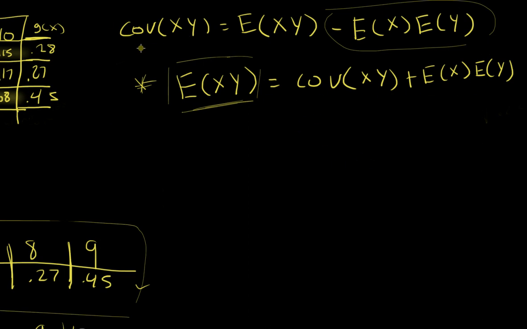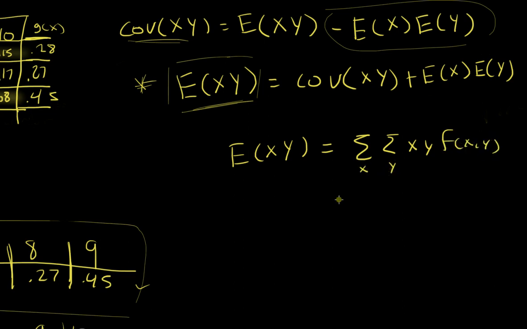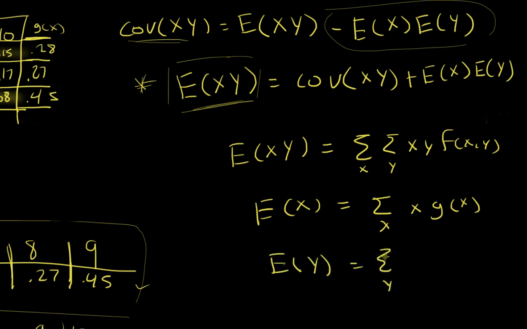So we should know how to calculate covariance as well. If we have to calculate covariance, then we will need to calculate all of these different little pieces. So xy times f of xy, summed over both x and y; the expected value of x, summed over x times the marginal of x; and the expected value of y, summed over y times the marginal of y.